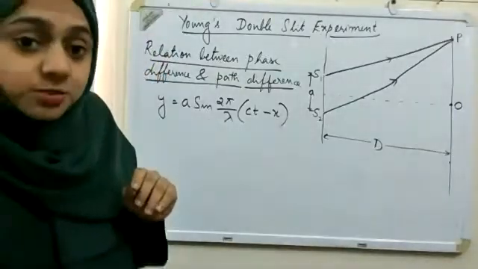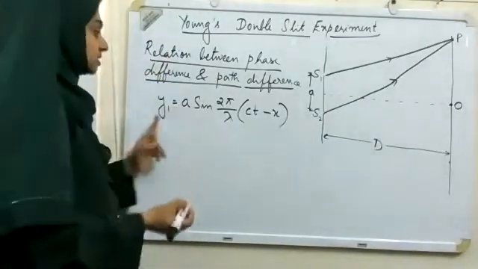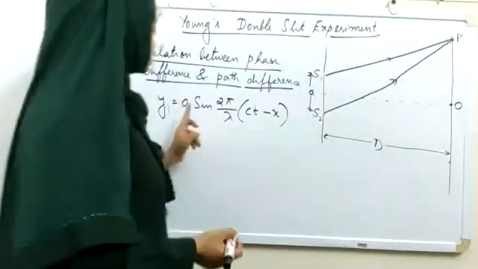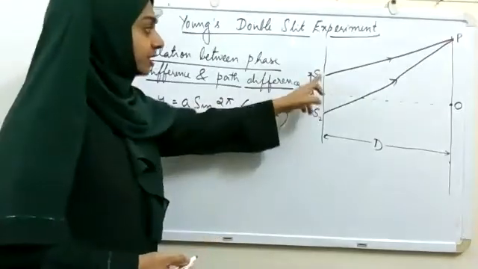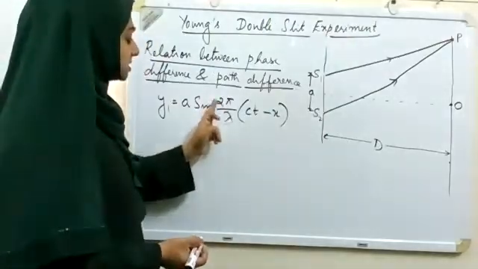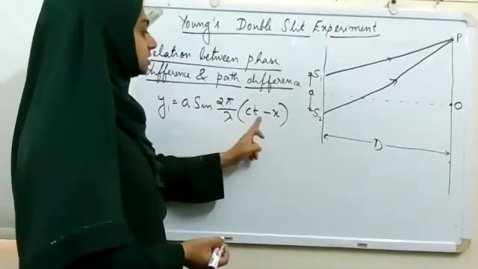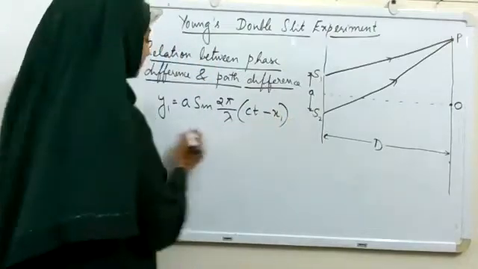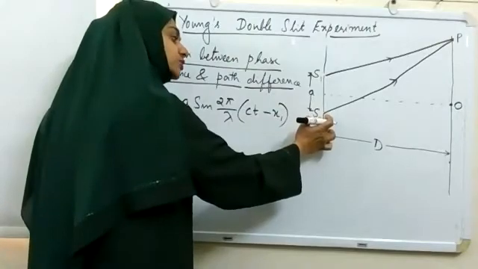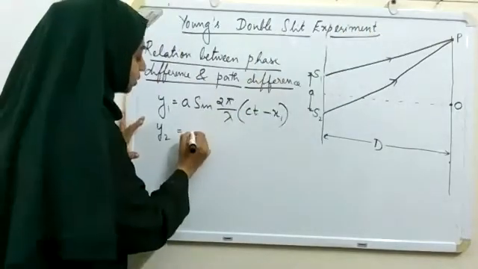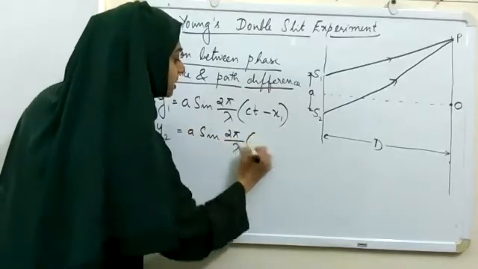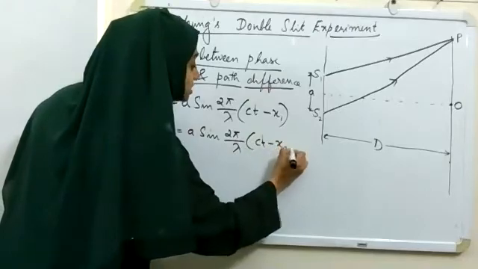Let me express y1 as the displacement of a light ray that goes from S1 to P. So y1 is equal to a sin 2 pi by lambda (ct minus x1), since both have the same amplitude, and y2, the displacement of the light that goes from S2 to P, is equal to a sin 2 pi by lambda (ct minus x2).